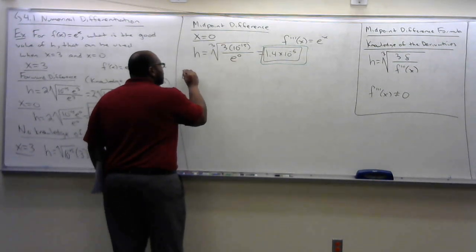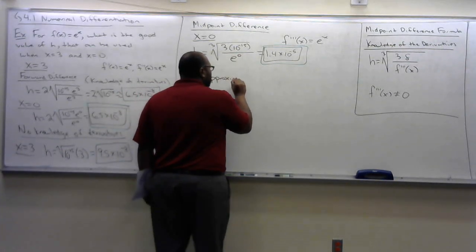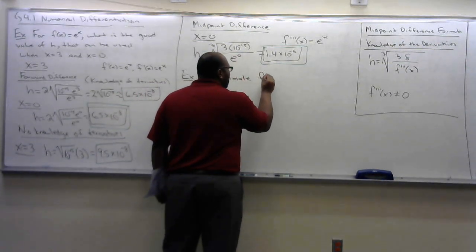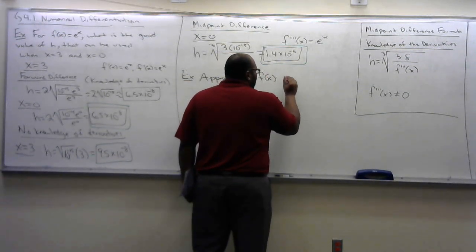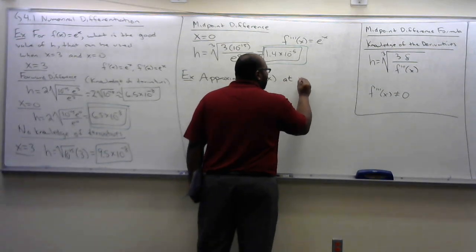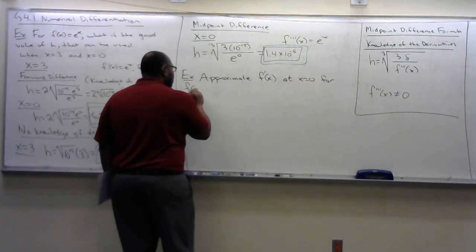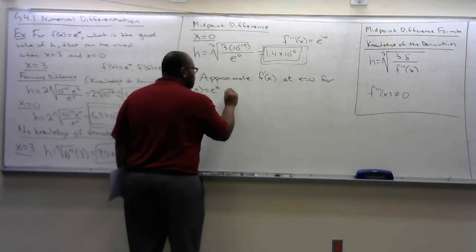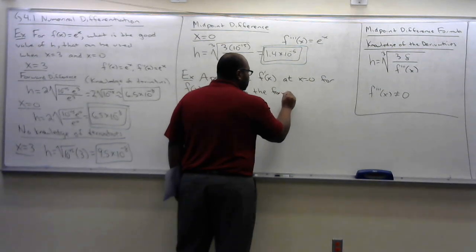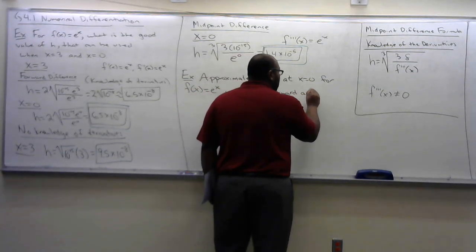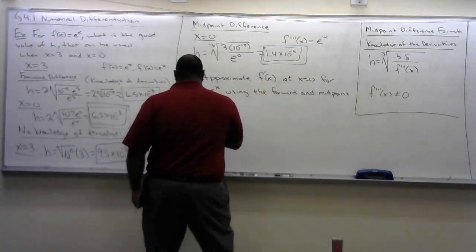So I'm going to approximate f prime of x at x equals 0, where f of x equals e to the x, using the forward and midpoint difference formulas.